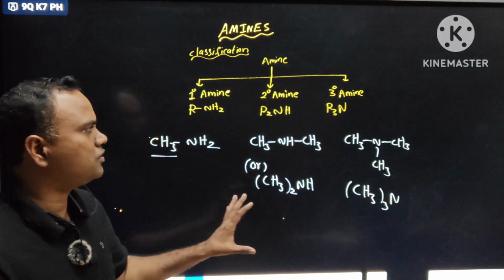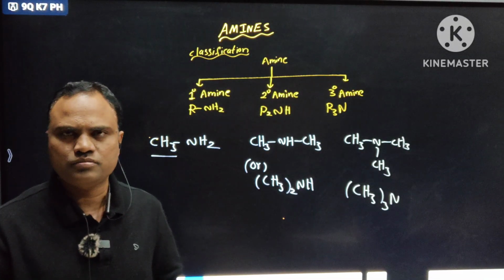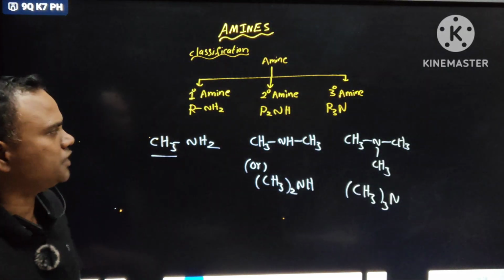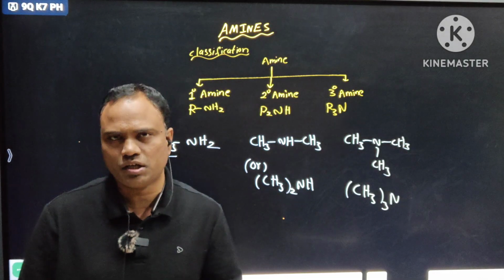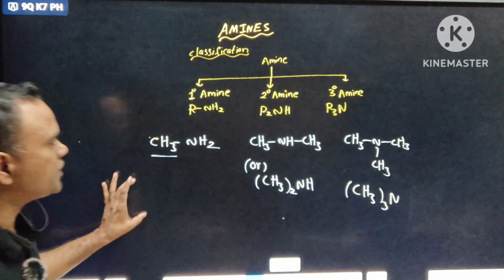This is the main classification. We have quaternary ammonium salts also, but that is a different type. Mainly we have 3 types of amines: primary, secondary, and tertiary amines. Let us see some cyclic examples also.